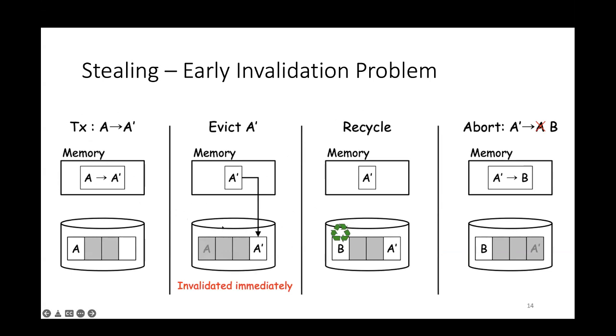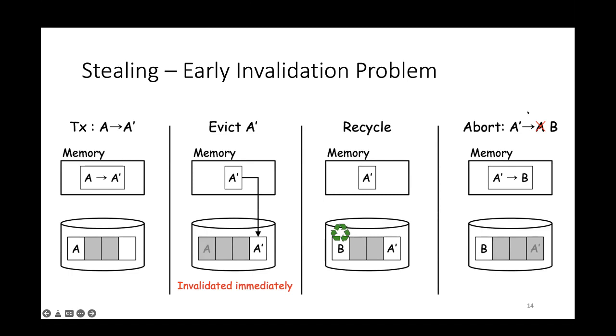So we can swap A prime to the disk, but if we just think about F2FS, which exF2FS is based on, what will happen is that the old page for A will be invalidated immediately. Now at this stage, the transaction is still running. So what can happen is if we evict A prime to the disk, this is the new version of A, then the old version could be overwritten by some new data.